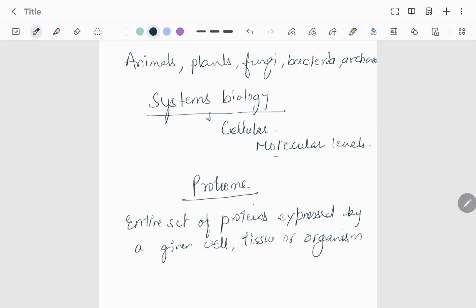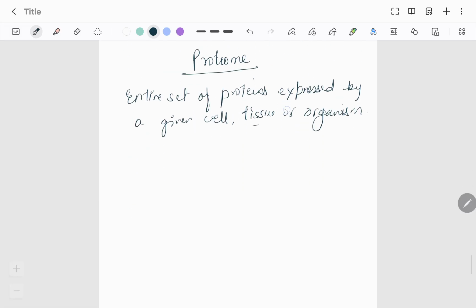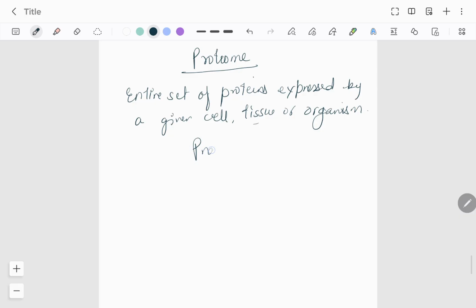Here, if you have to study the proteome of a cell, you will consider that cell as a biological system. If you have to study it in an organism, you have to consider that organism as a biological system. Tissue is a biological system, right? We have to apply systems biology here. Okay, now what is proteomics? Study of proteome. That's it.